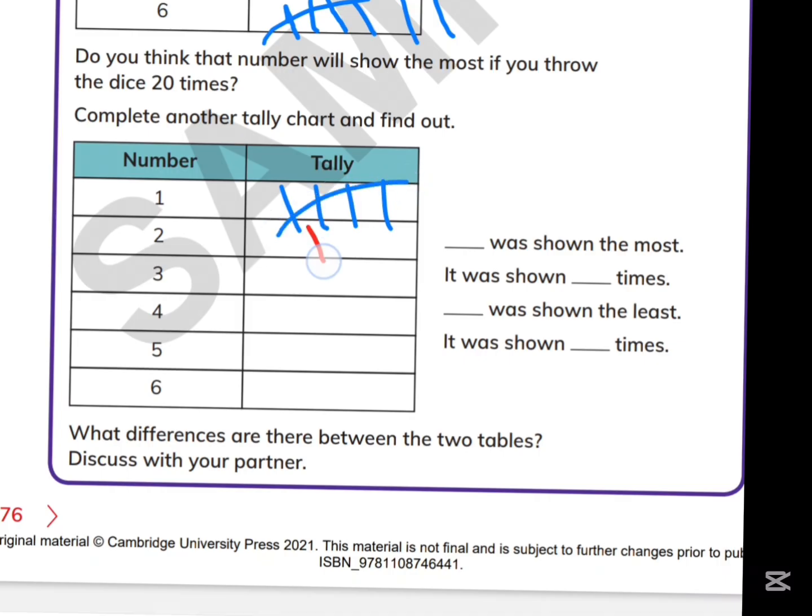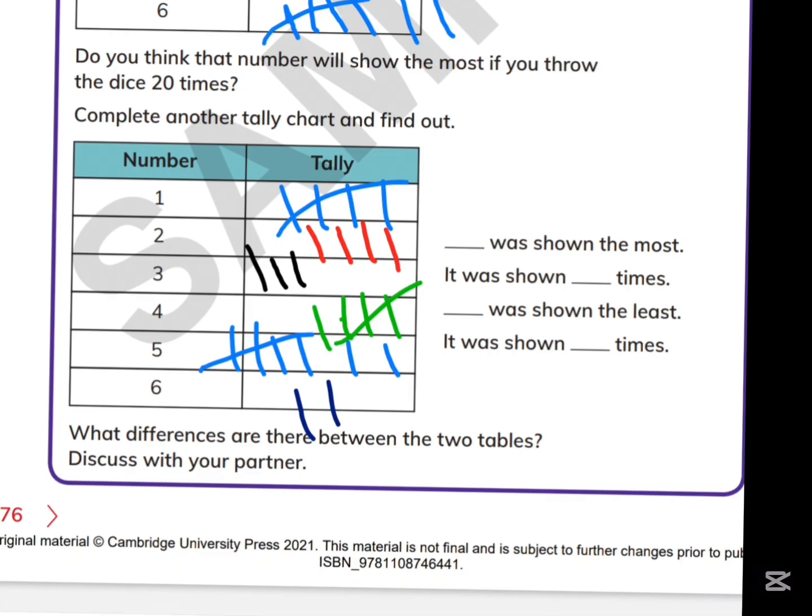Okay, 2 come 4 times. 20 times if we are throwing the dice, then this is the result. 3 comes 3 times. 4 come 5 times. And 5 comes 7 times. And 6 comes 2 times.